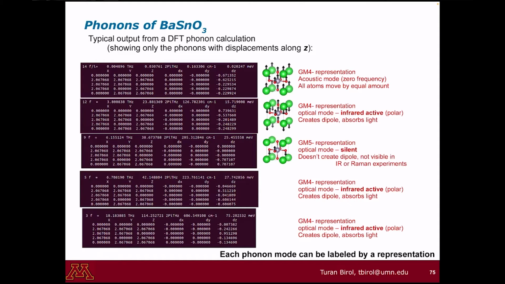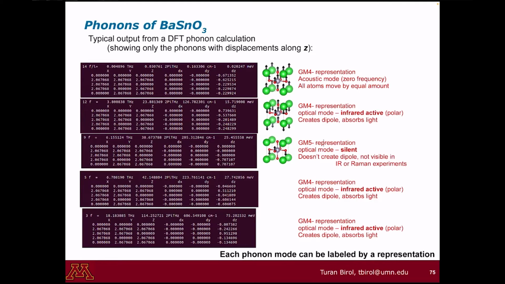The barium stannate crystal has different vibrational modes with different characters. It turns out that out of the 5 modes, 4 of them are gamma 4 minus modes, and I will talk about how to assign these in a bit. And one of them is a gamma 5 minus mode.